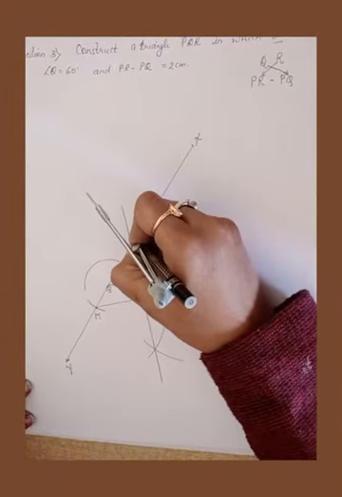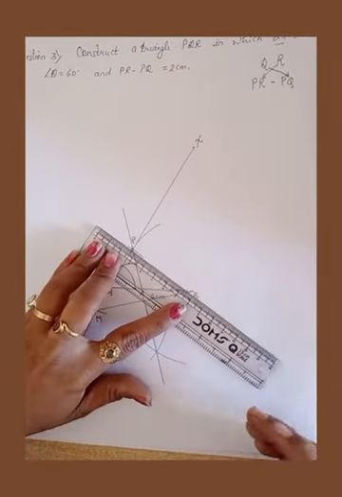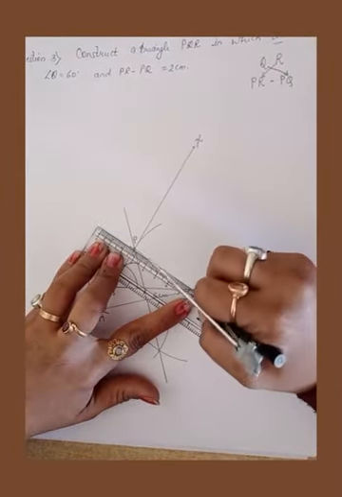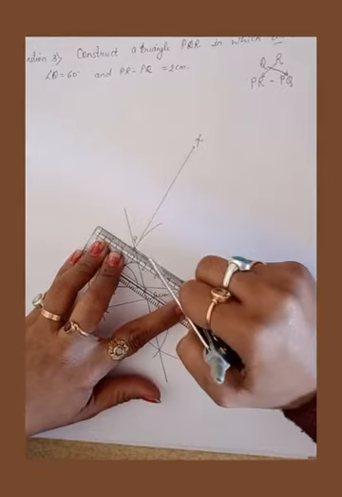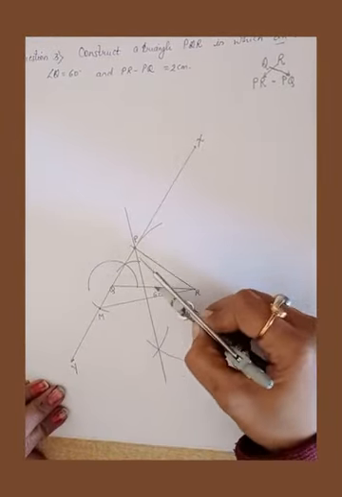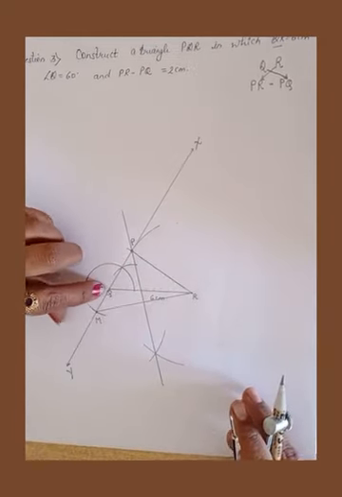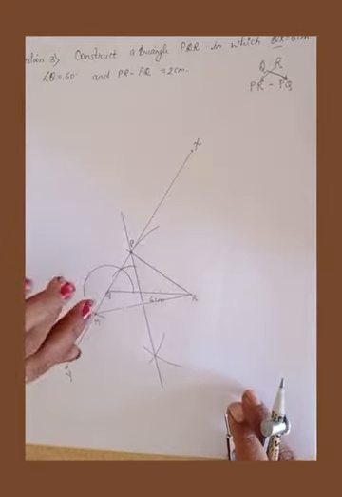Name this point as P and then join PR. So finally this PQR will be the required triangle in which PR minus PQ will be equal to 2 centimeter.